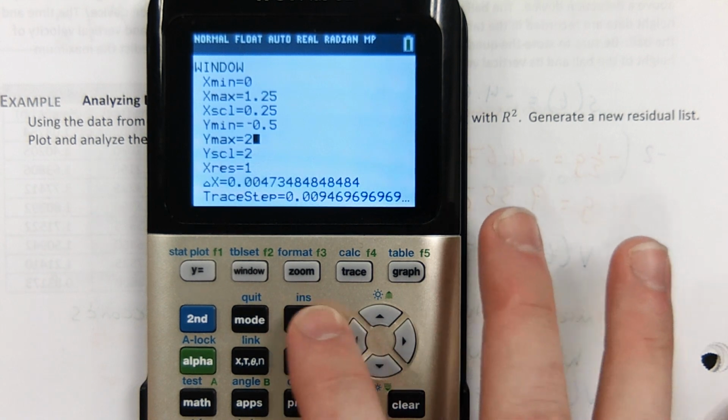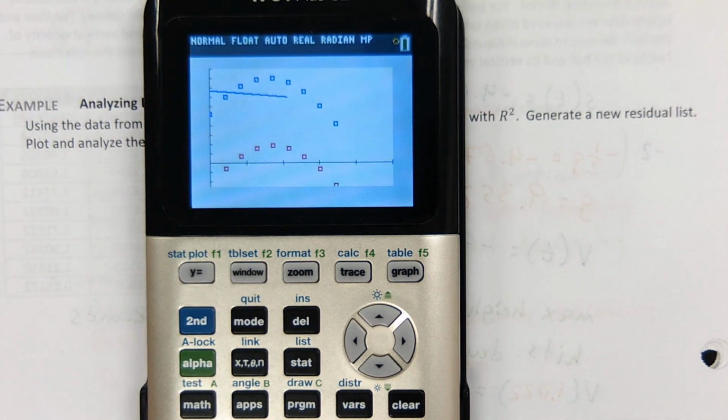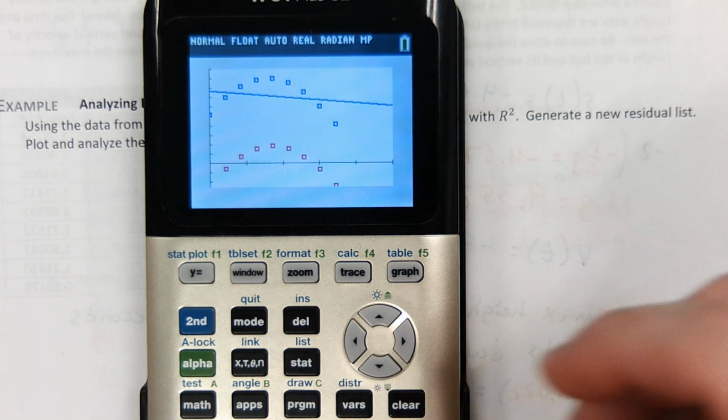No, I just did 2, didn't I? Y scale 0.2. Graph, much better. Look, it's such a bad model, but the red dots are the ones we're looking at.